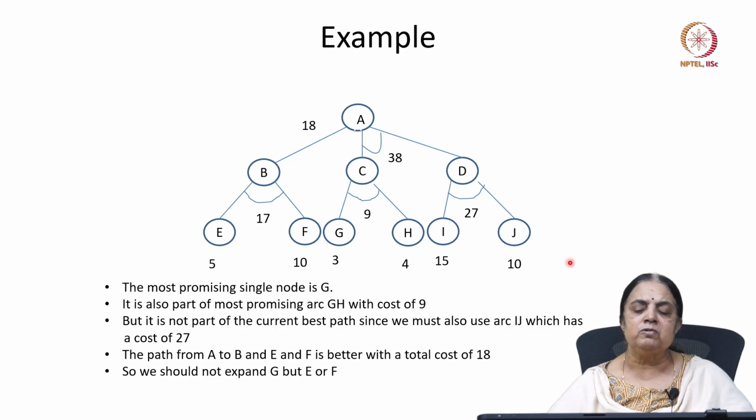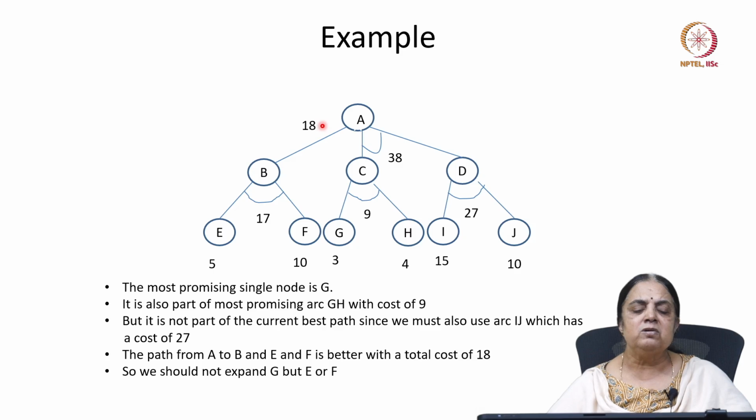Okay, so what you do is you backtrack from here. So we have 10 and 15 here, so this node is 27, okay, and this is 9, but again we have an AND node here, so this would be 27 plus 9 plus the two nodes here, so this would be 38.